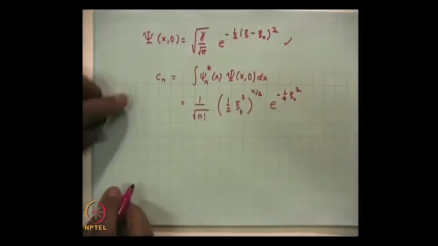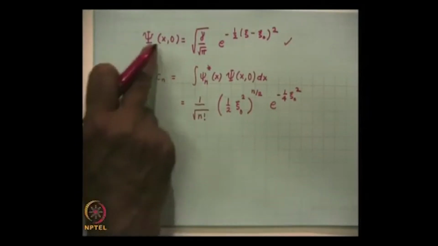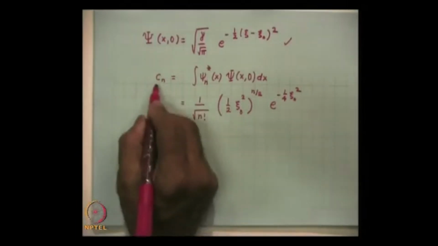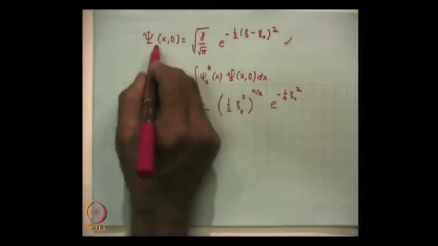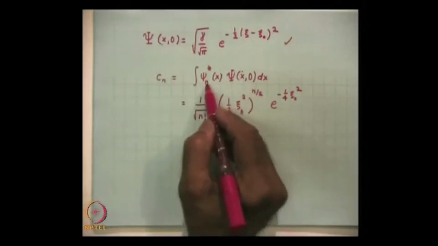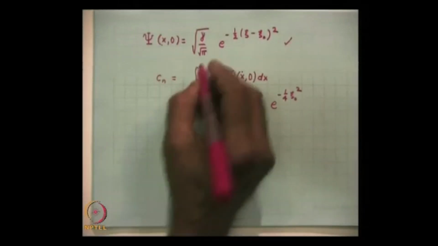So, this is if psi of x comma 0 at time t equal to 0 is given by this expression, then the coefficient C of n, if you substitute this expression and use for psi n of x the Hermite Gauss function, carry out the integration from minus infinity to plus infinity.